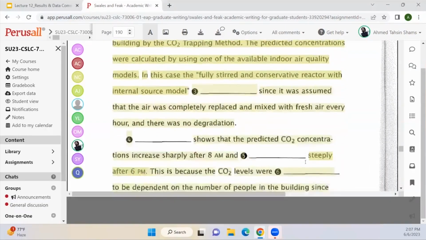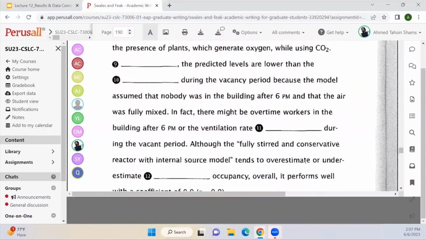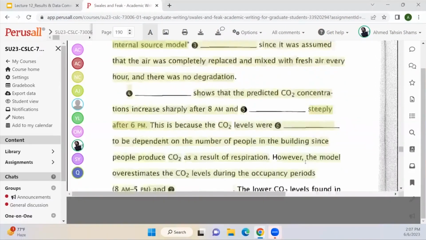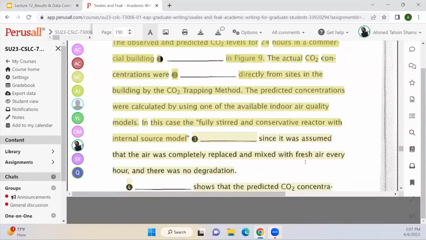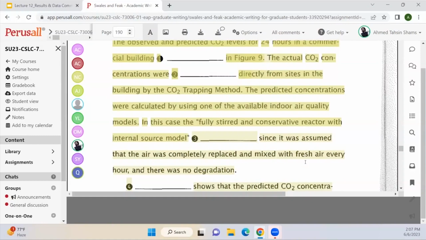How many gaps do you have here? 5, 6, 7. No, right? Let me know if you all are done. Is it tricky or easy?